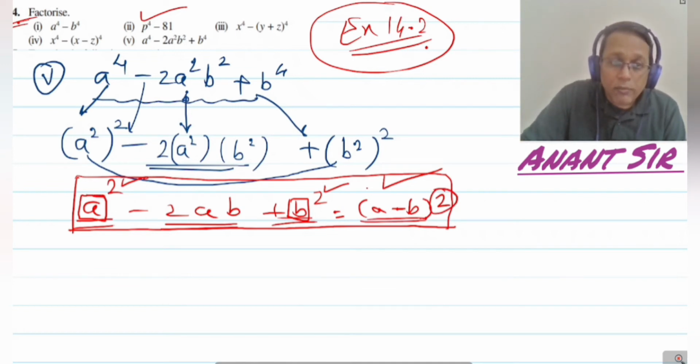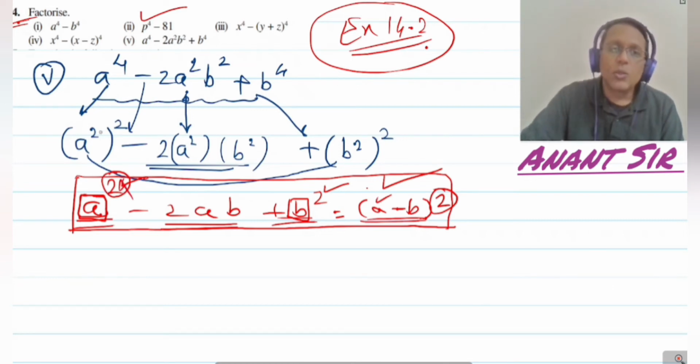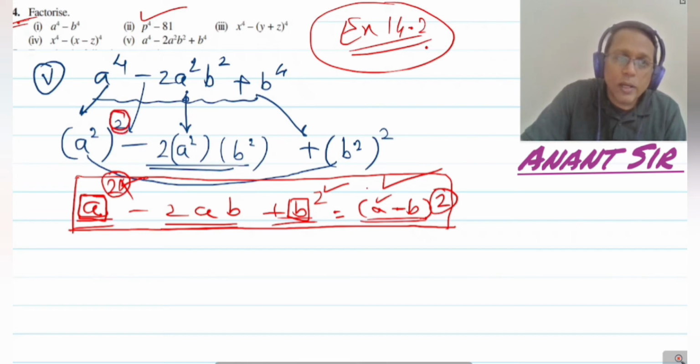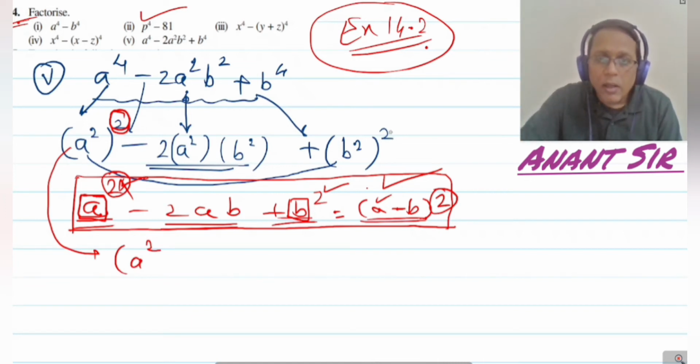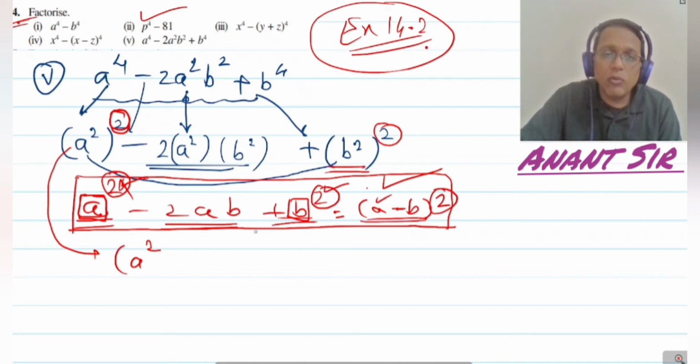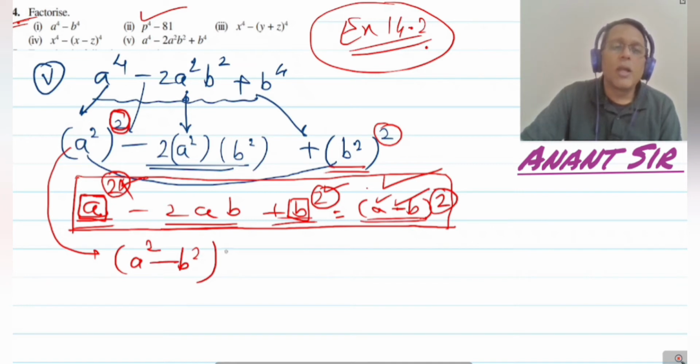So we write the first term, forget about the square, write only the term which is there, so it is a square. Similarly, forget about the square, write only the term which is there, b square, give negative in between them and give the square. So this is our final answer, friends.